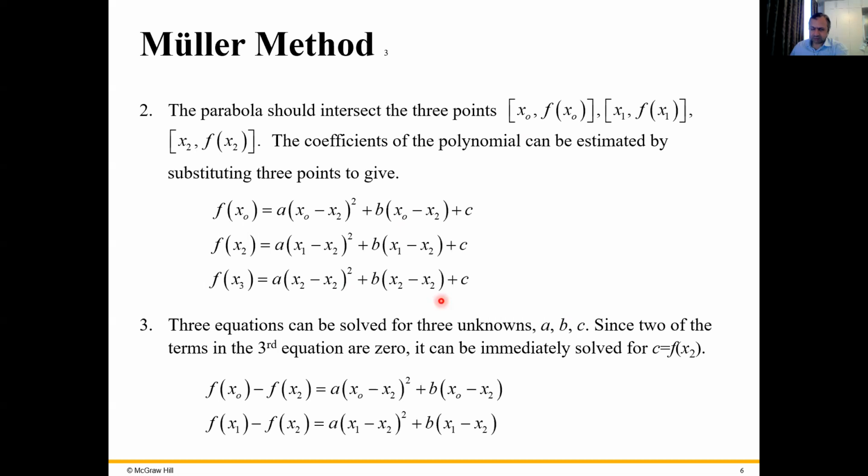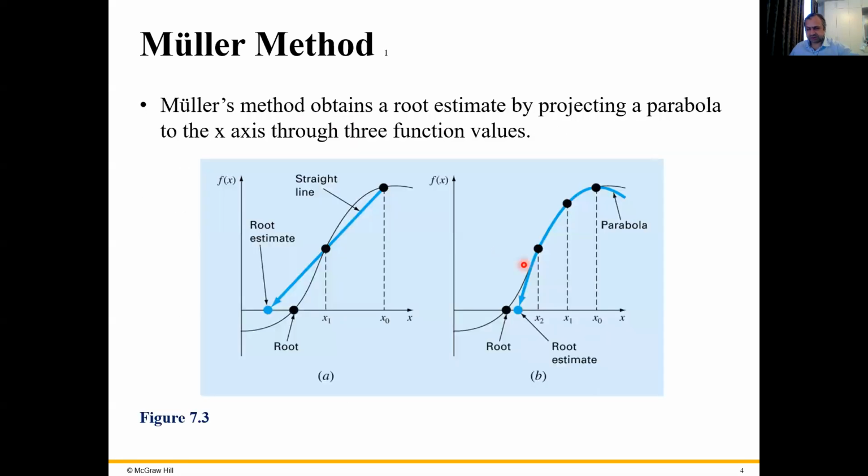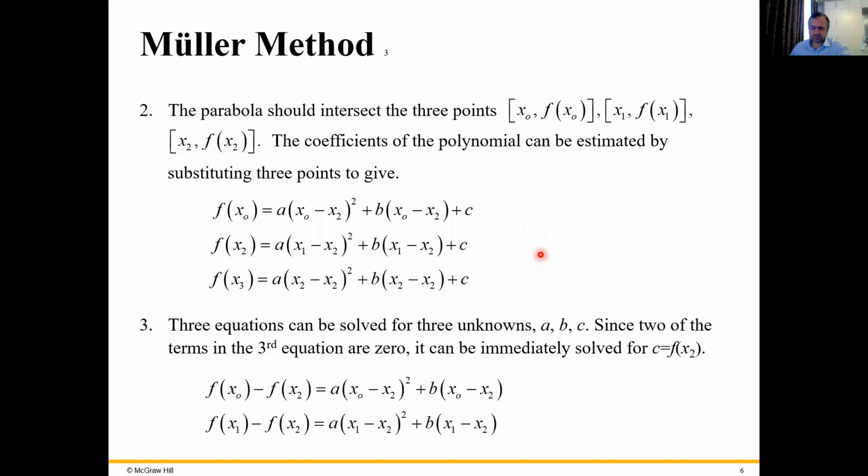The next step we will take is that, because these 3 points are on the function, their coordinates are x0, f(x0), x1, f(x1), x2, f(x2).